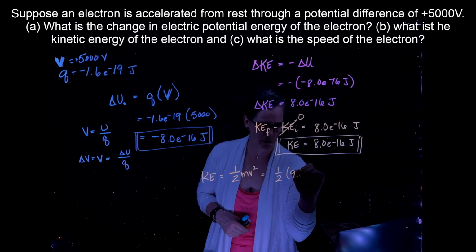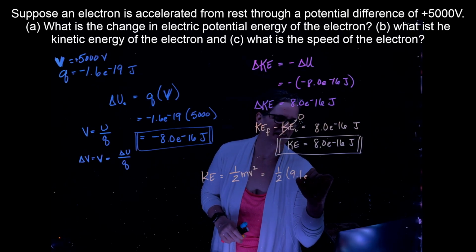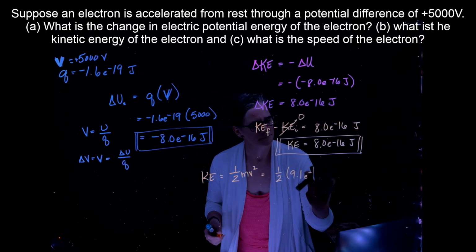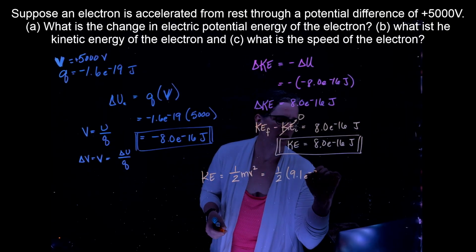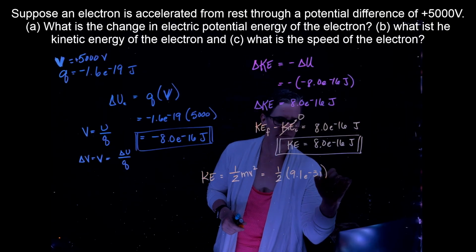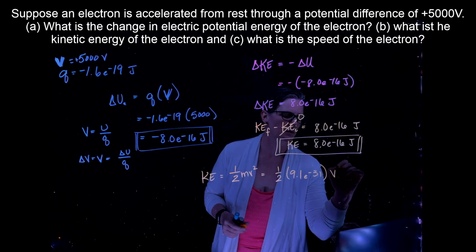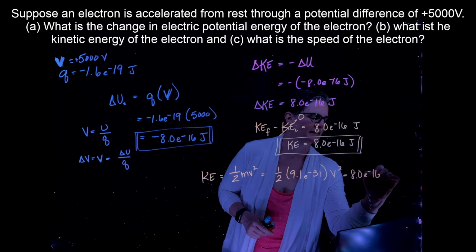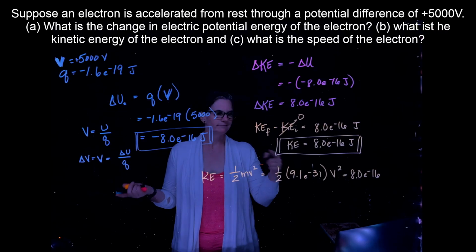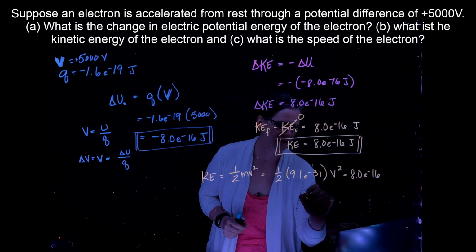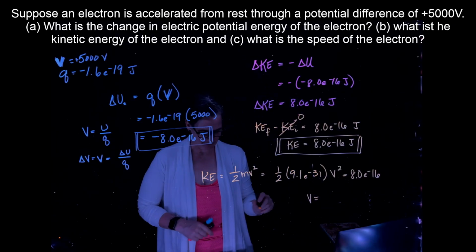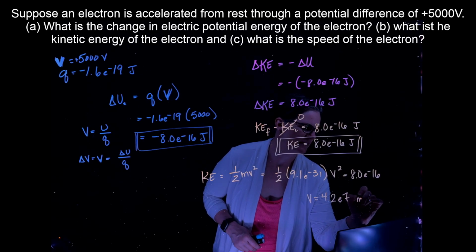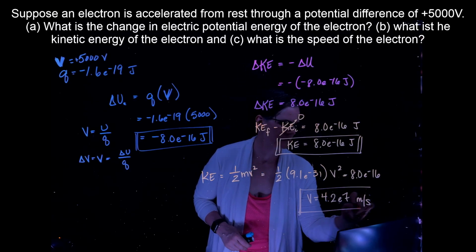It's 9.1 times 10 to the minus 31 kilograms, super tiny, times v squared, and that's going to equal my kinetic energy of 8 times 10 to the minus 16. Do a little math there, not that complicated. I solve for v, and I get that the speed is 4.2 times 10 to the 7th meters per second.